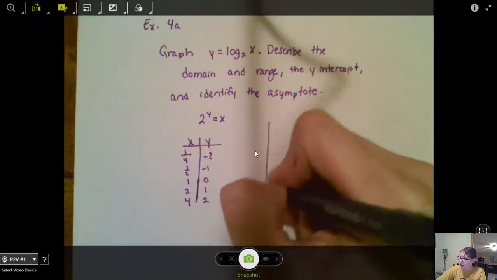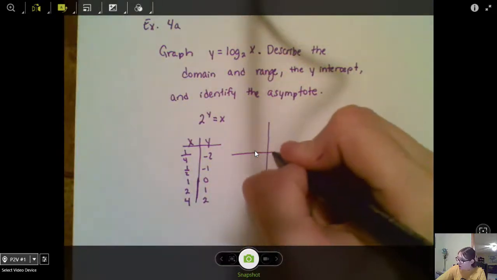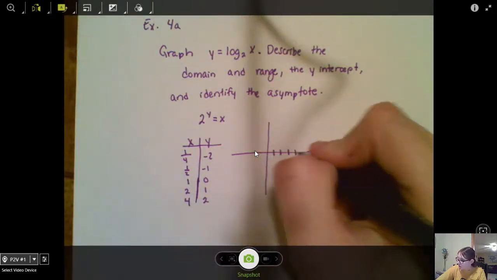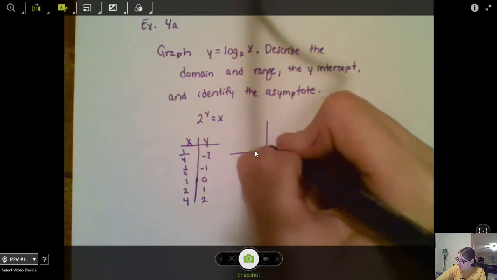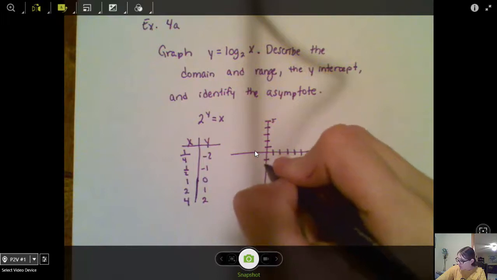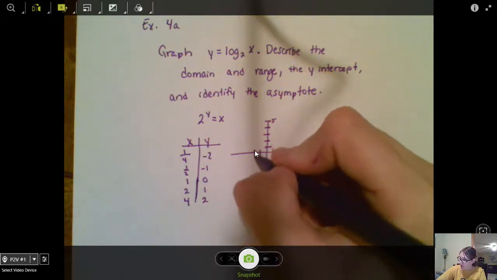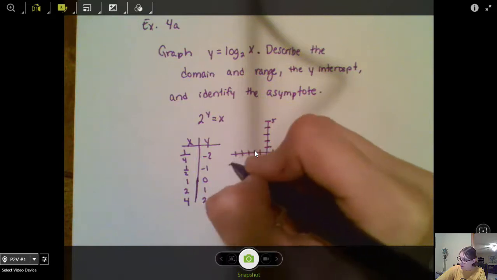Let's graph, and I don't actually have a piece of graph paper here with me, which I can't believe. I usually have a stack of graph paper sitting at home.